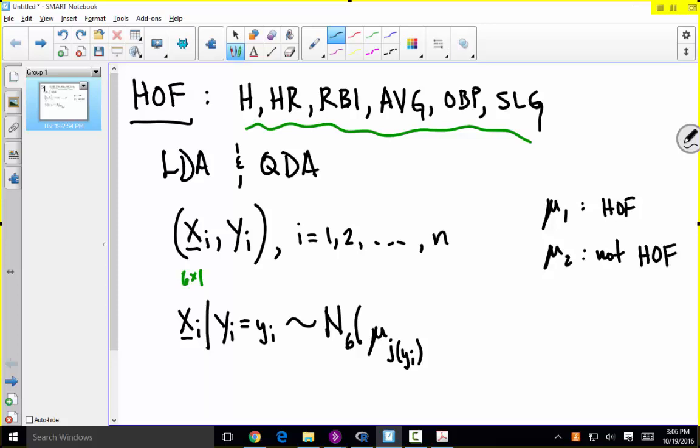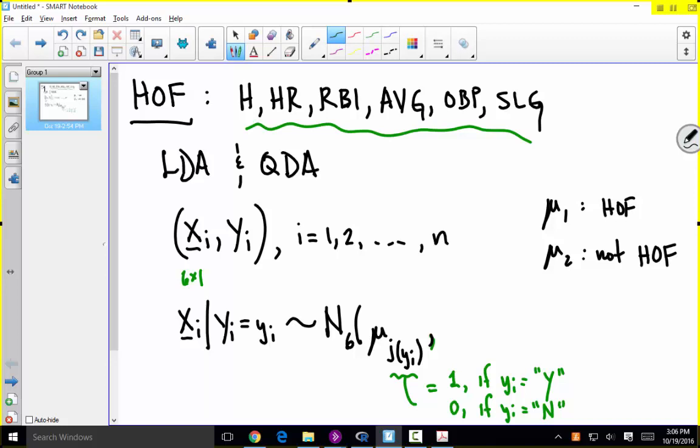And then let's say that this J of y_i equals 1 if y_i equals yes, and 2 if y_i equals no. So I'm just trying to indicate, you tell me the class that the data came from, we'll say it's multivariate normal with a mean specific to the class it came from, Hall of Fame or not.